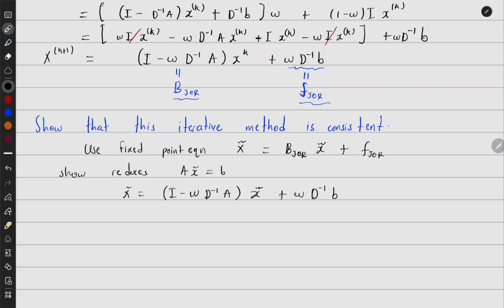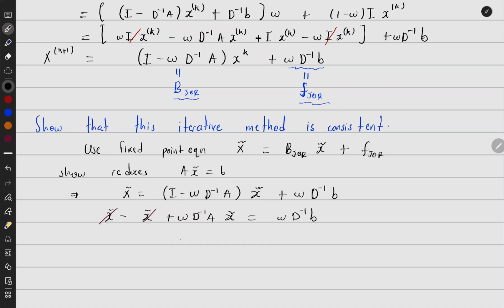This is what we have, I've just substituted. I carry the term with x bar to this side, and when it crosses, this will be x bar minus x bar, plus omega D inverse A of x bar equals omega D inverse b. So these two cancel. What do I remain with?